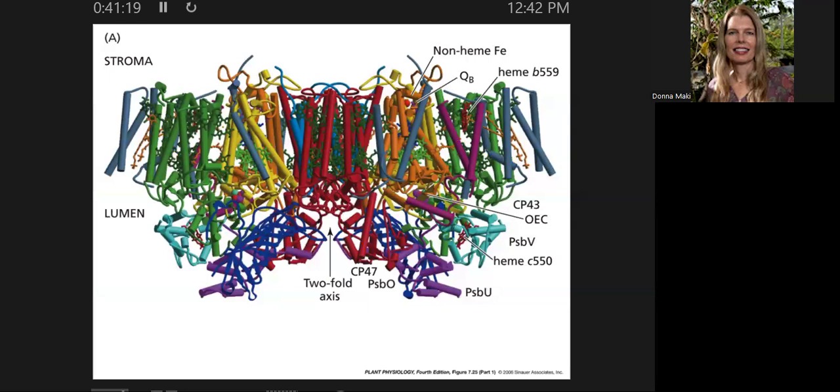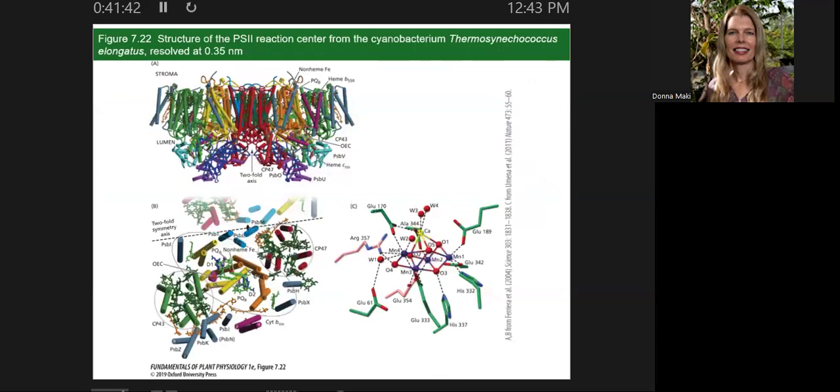So this is photosystem 2. And so there's certain regions in here where you're going to have the pheophytin associated with photosystem 2. It's not a part of it, it's associated with photosystem 2, let's put it that way. And then, let's see, where's the other image I wanted to show?